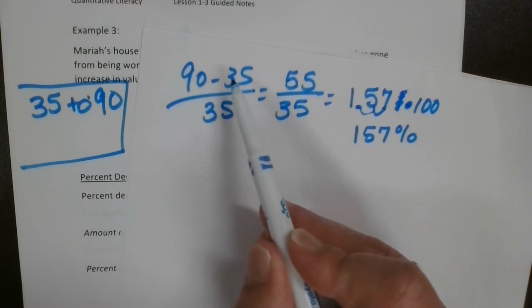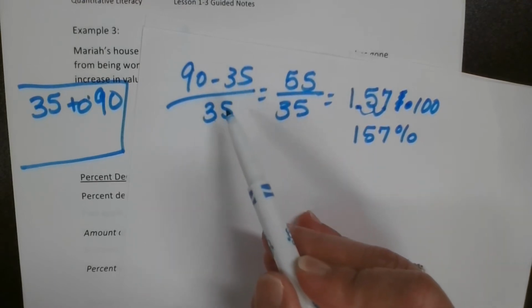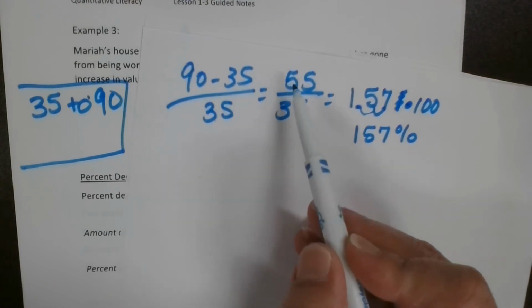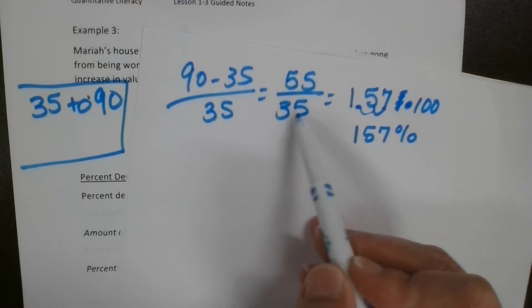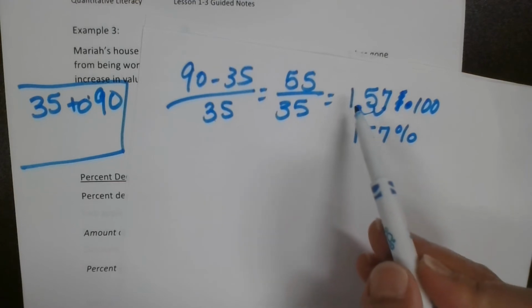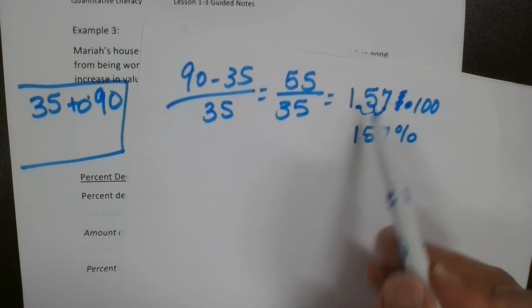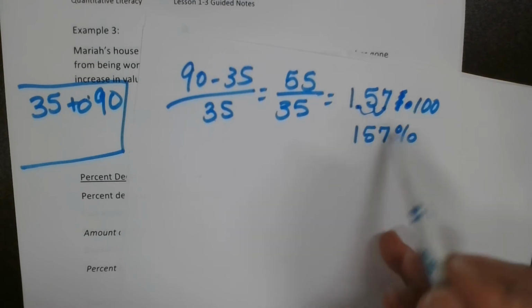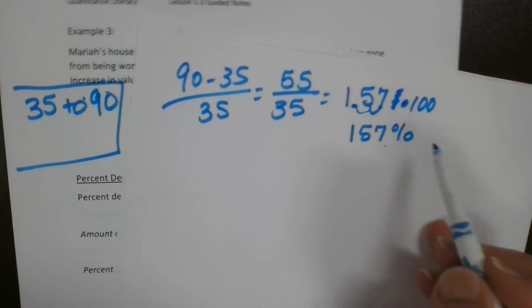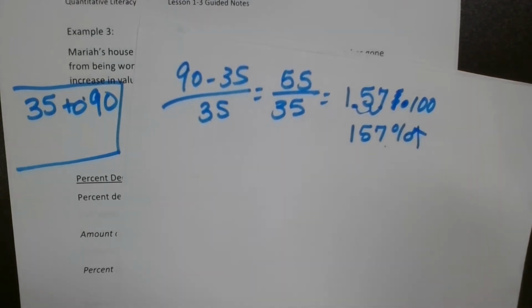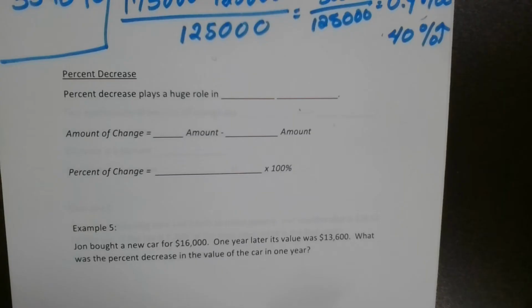The new amount minus the original amount divided by the original. The difference there is 55 divided by 35, which gives me 1.57. That's a 157% increase. If you need to ask me questions about that, reach out through email.